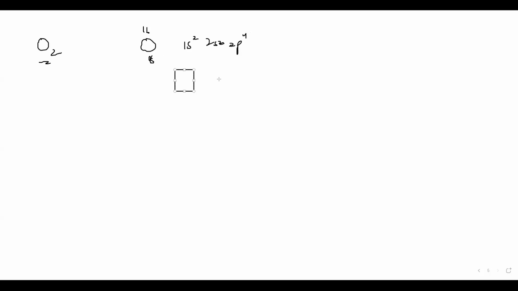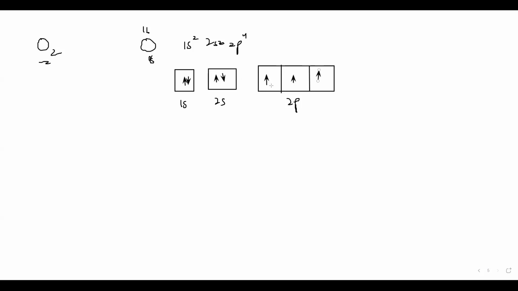When we represent electrons in a box model for one oxygen atom, the p subshell is divided into 3 orbitals. So there will be 2 electrons here, and then 1, 2, 3, and 4. So p is actually having three parts, 2px, 2py, and 2pz.